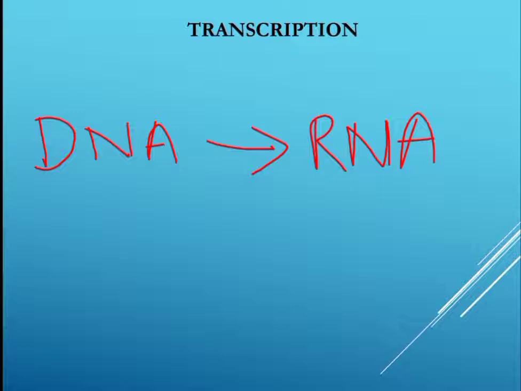This would prevent RNA from being translated into proteins. If double-stranded RNA is formed, there will be no translation, and if no translation, then the proteins will not be formed.